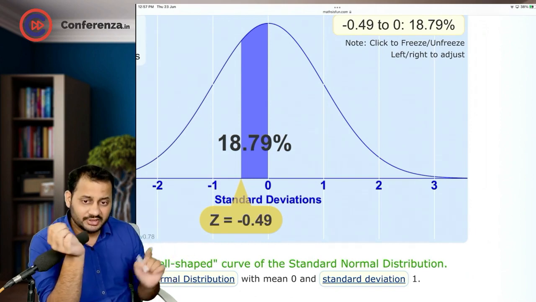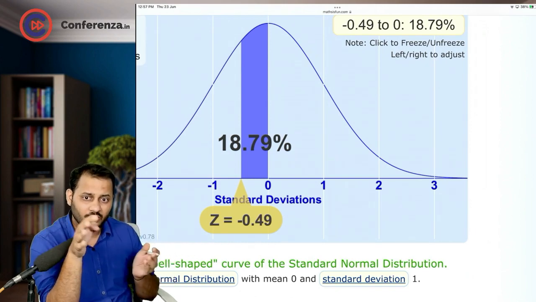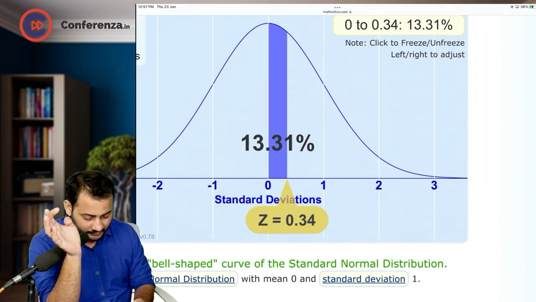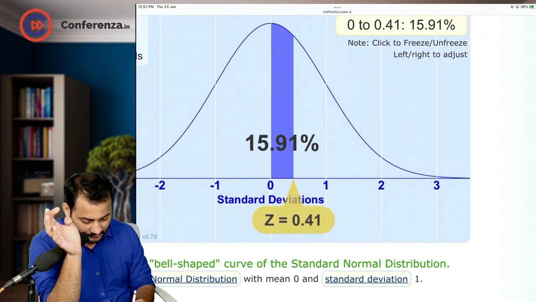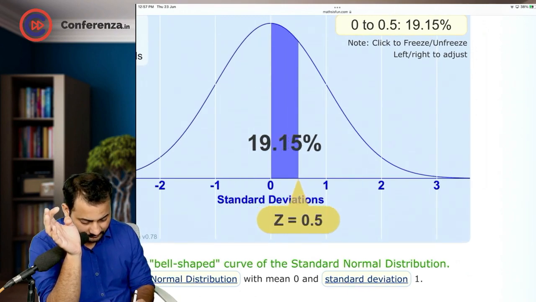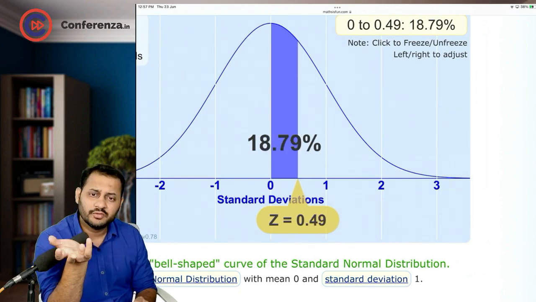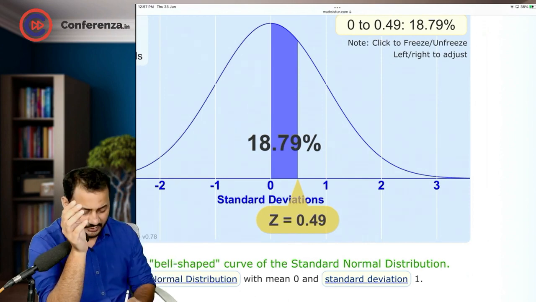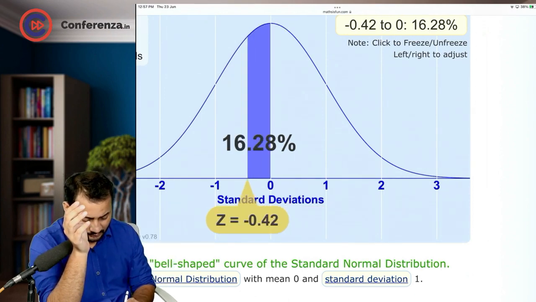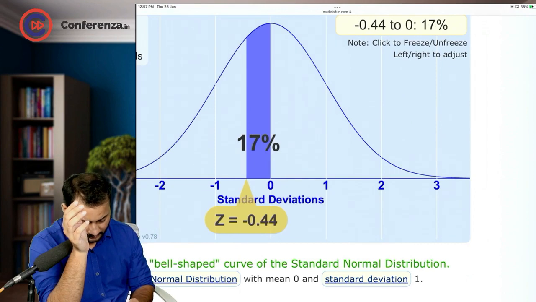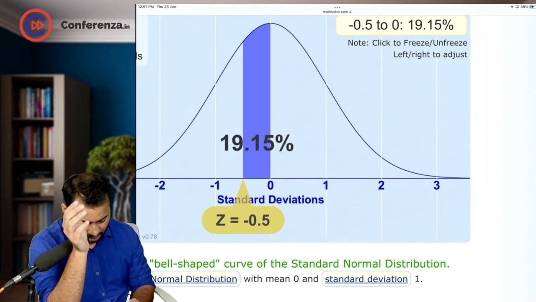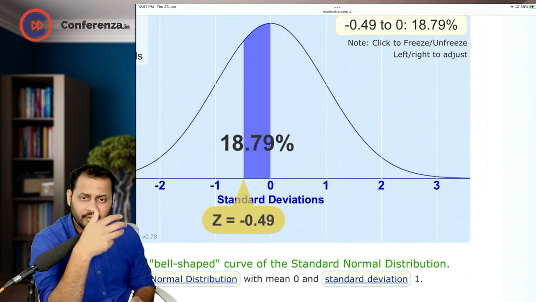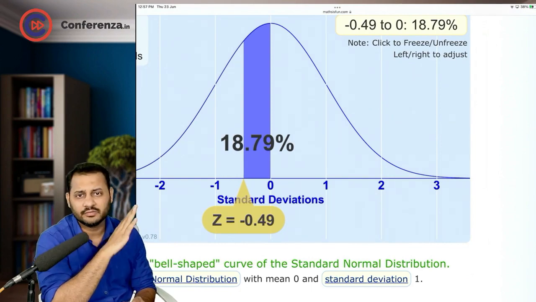So if instead of minus 0.49 on the left side I take plus 0.49, it also gives the same answer. For positive 0.49, it is 18.79, and for negative also it is 18.79.